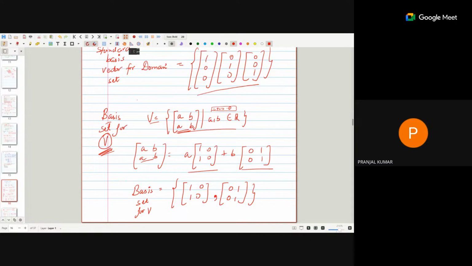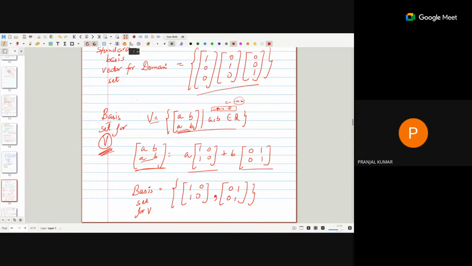Then you will use C is equal to minus A minus B. You will transfer all the elements on the LHS to the RHS except one variable, then substitute minus A minus B here and operate on the general element. Right now there is no such condition given here, so we will directly jump to the general element.